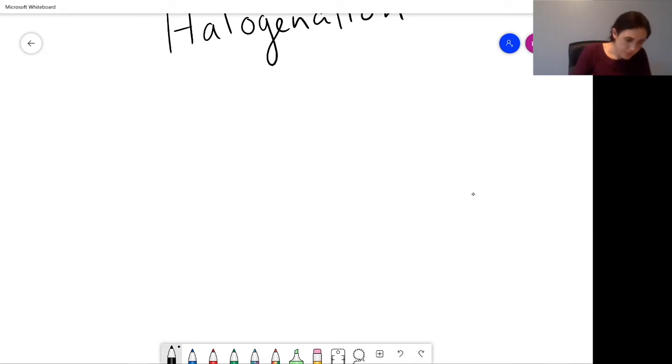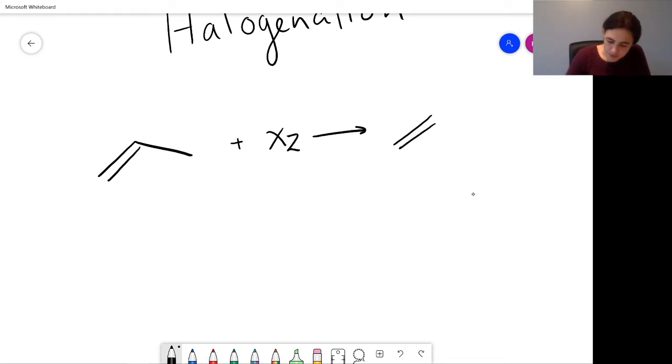Okay, so if we look at an allylic system, we're going to see that when we undergo a radical process, we have the possibility of forming a new carbon-halogen bond at the carbon adjacent to the double bond.